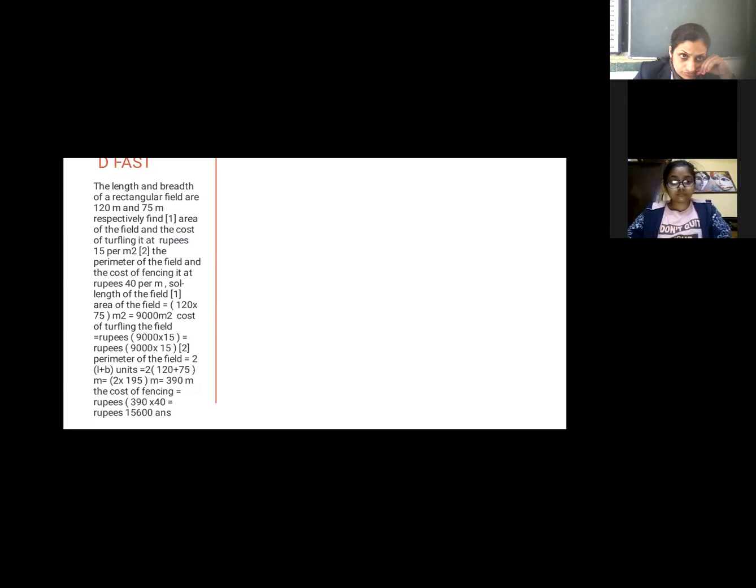Second, perimeter of the field equals 2 into (L plus B) units, equals 2 into (120 plus 75) m, equals 2 into 195 m, equals 390 meter. The cost of the fencing is rupees 390 into 40. The answer is 15,600.